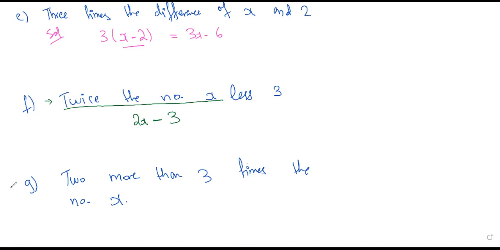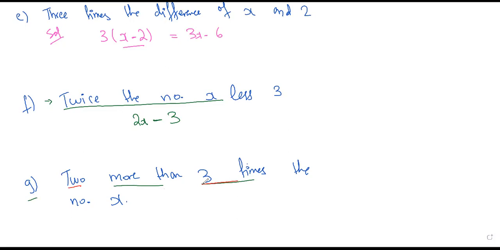And the last part is 2 more than 3 times the number x. Since there are no commas, it totally depends on the reading style, but you need to be careful with it. So basically 2 more than 3 times the number x.